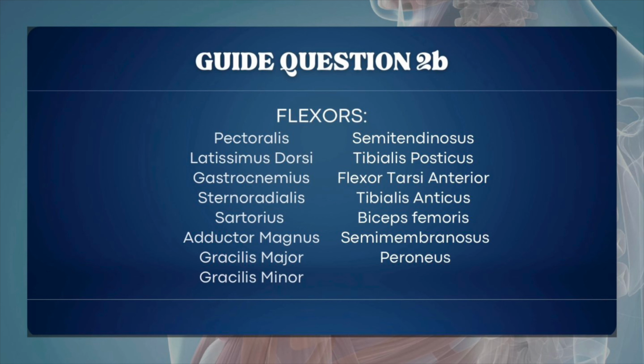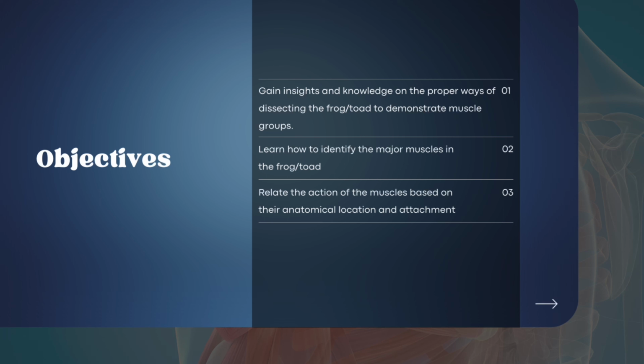Adductor magnus, 7. Gracilis major, 8. Gracilis minor, 9. Semitendinosus, 10. Tibialis posticus, 11. Flexor tarsar anterior, 12. Tibialis anticus, 13. Biceps femoris, 14. Semimembranosus, and 15. Peroneus.